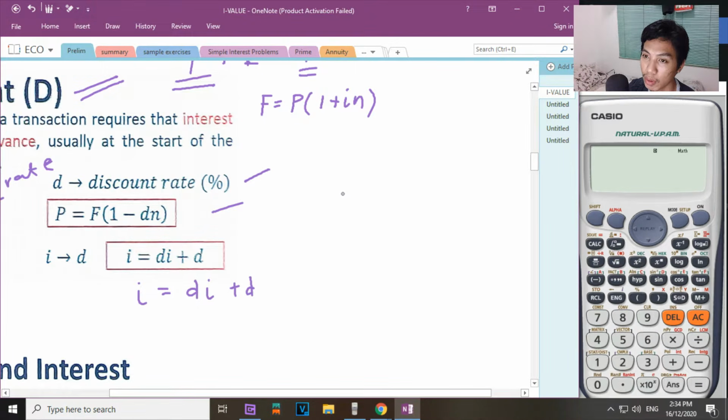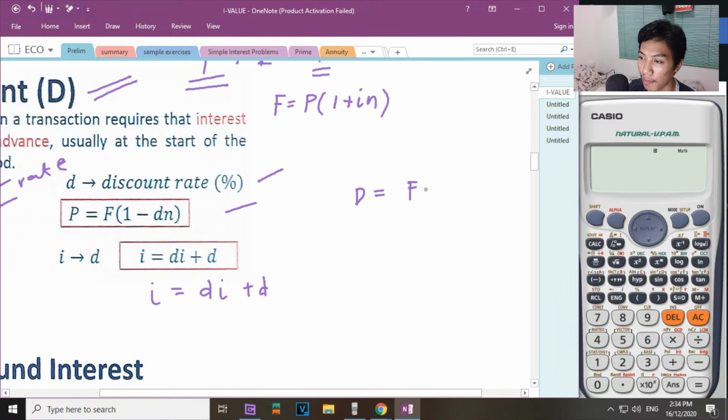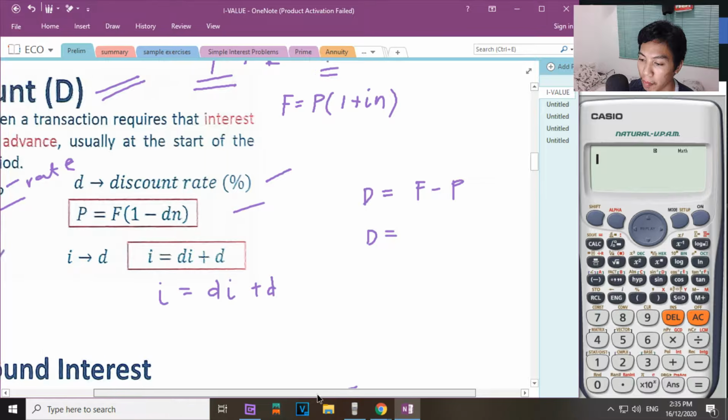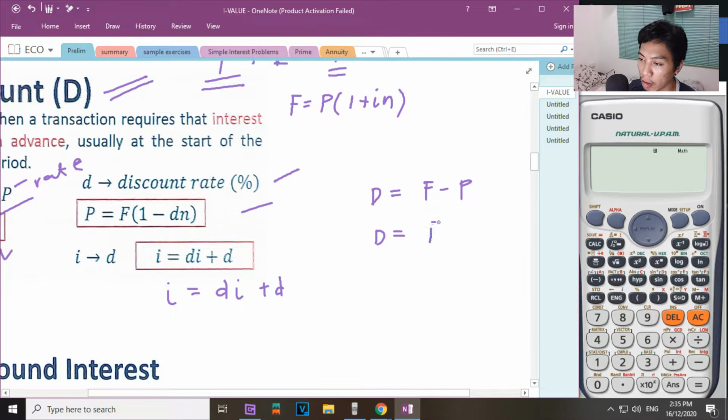Discount is equal to F minus P. F minus P. Simplify natin, okay? Di ba ang discount is equal to F dN. Equate mo dito. F dN equal to F minus P.